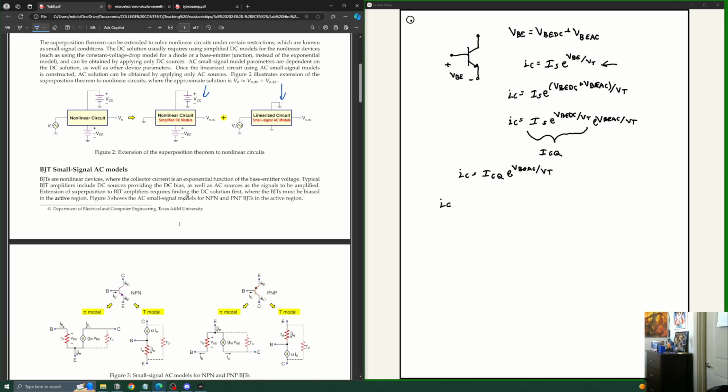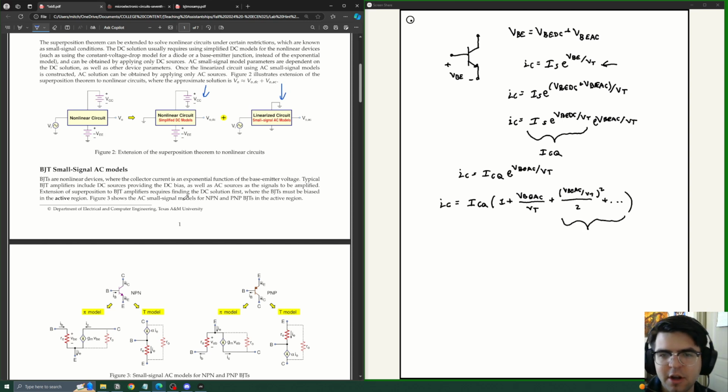So if we apply a Taylor series, we get IC is equal to ICQ times 1 plus VBE,AC over VT, plus, what was it, VBE,AC divided by VT squared divided by 2, and then we get all these higher order terms. Now we want to linearize this, so I'm going to discard all of these higher order, squared and cubed terms from our Taylor series. I'm just going to look at the linear part.